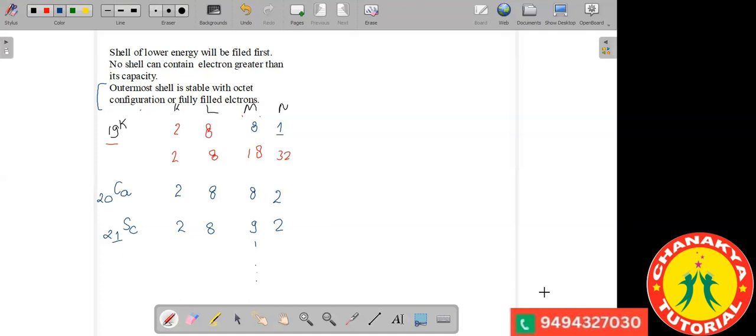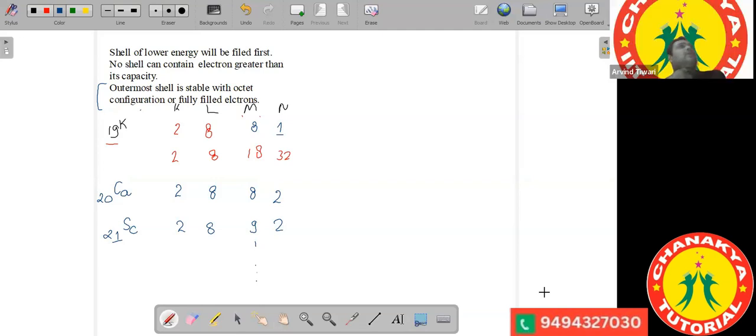Sir, if you have nickel, the 28th element, they say that it has a valency of 2. But if we write the electronic configuration, we can write 2, 8, 18, right? So why does it have a valency of 2? Okay. For those concepts, you will be getting into the orbital theory.